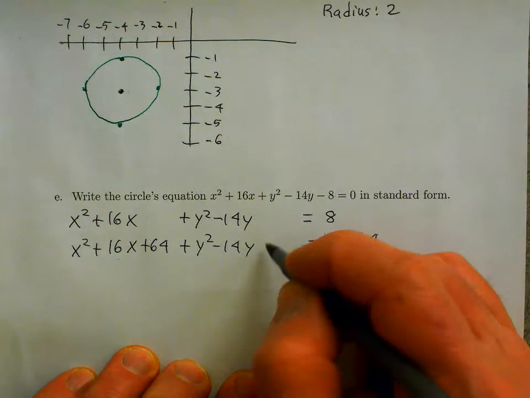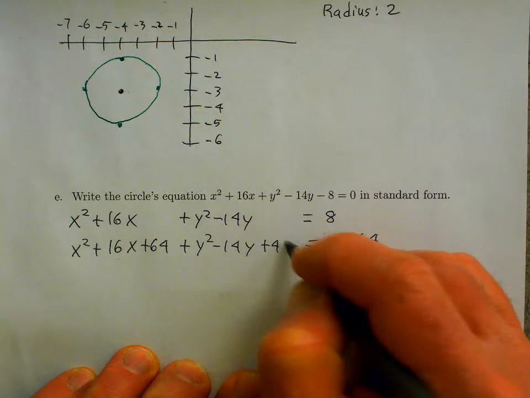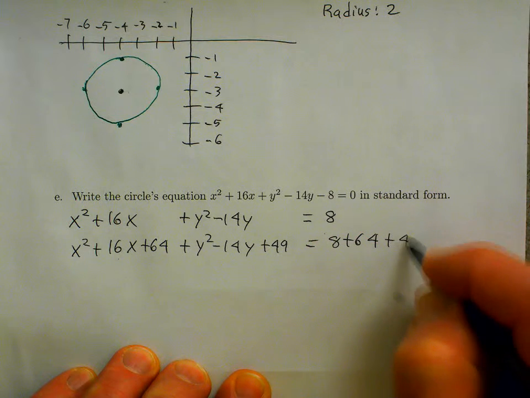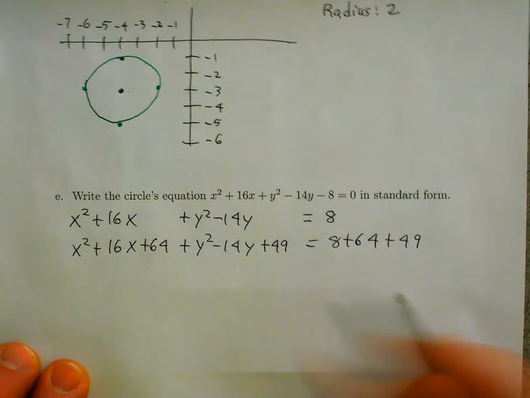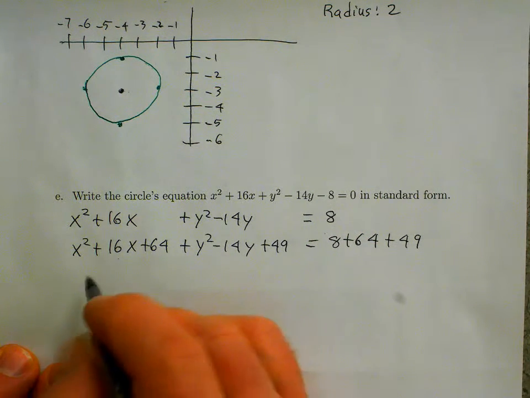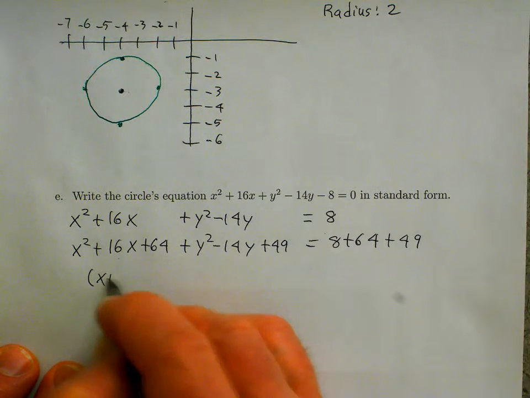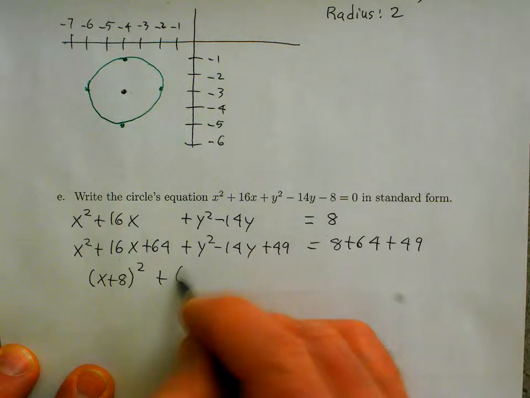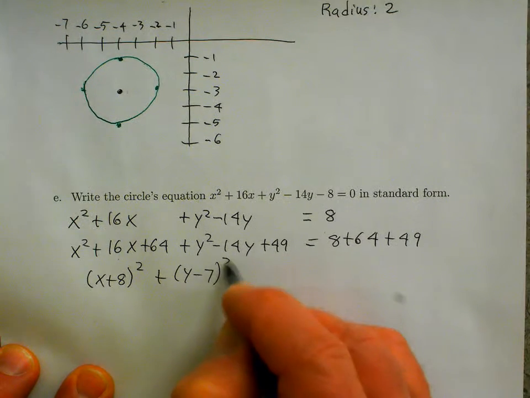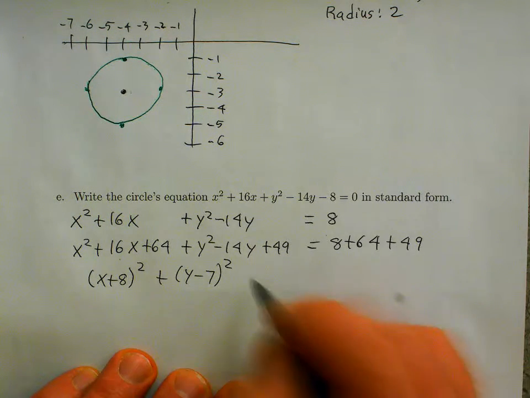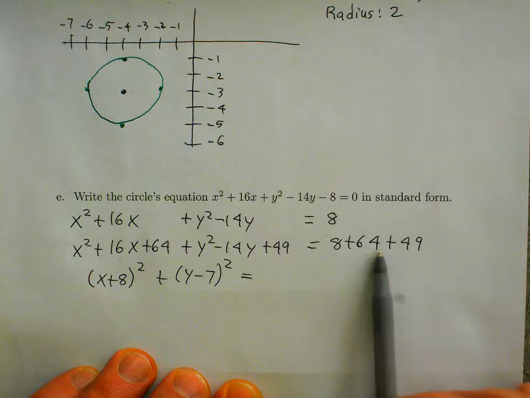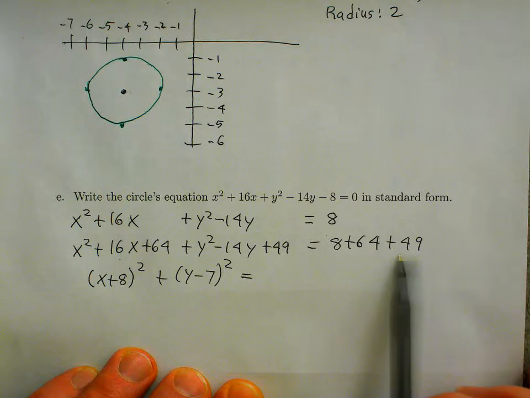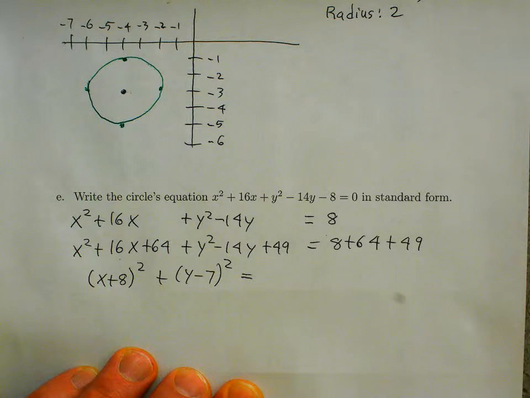When we square negative 7, we get positive 49, so we add 49 to both sides. And then we can write the standard equation, x plus 8 quantity squared plus y minus 7 quantity squared equals 121.